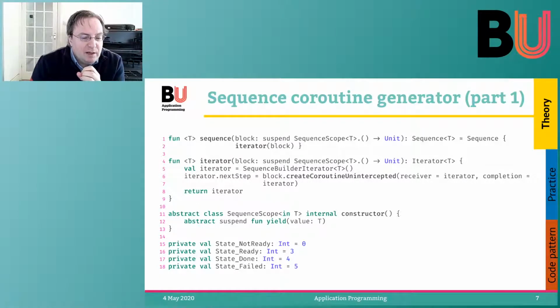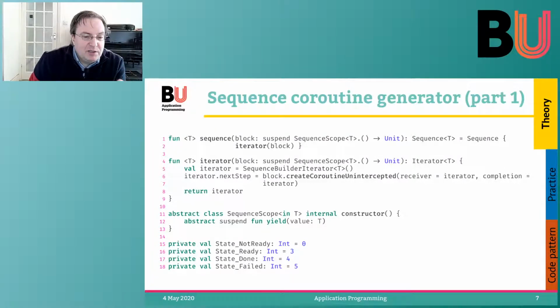Then there is the abstract class sequence scope. When we look at the function iterator and also function sequence in lines 4 and 1, they take as a receiver the sequence scope T. That sequence scope T, which is also related to the receiver parameter on line 6, means that the receiver of the function is a sequence scope.